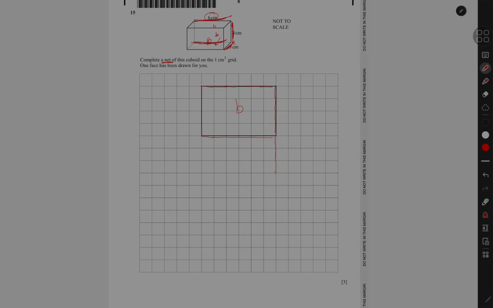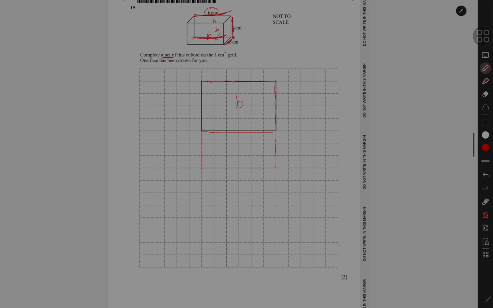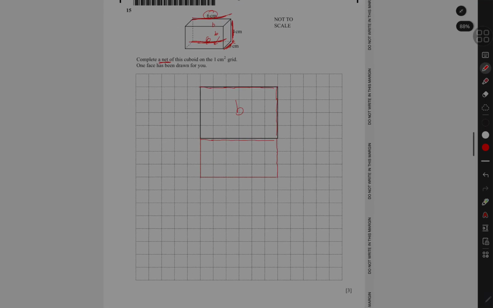And we do it like this, and we do it like this. So that is 6 times 3. This is the lower side. We're done with the lower side. Now we need to do the front side.